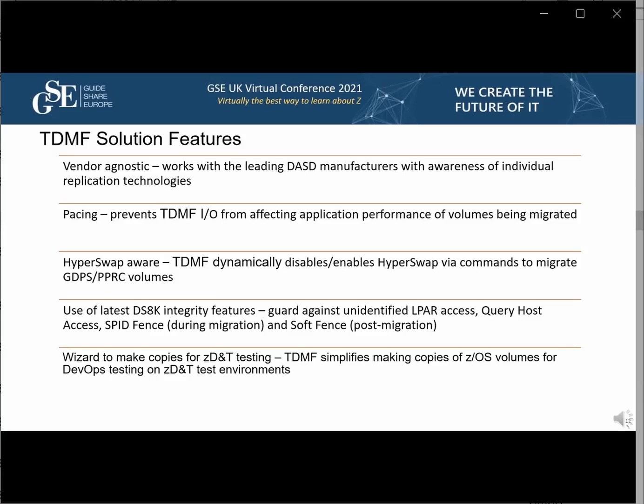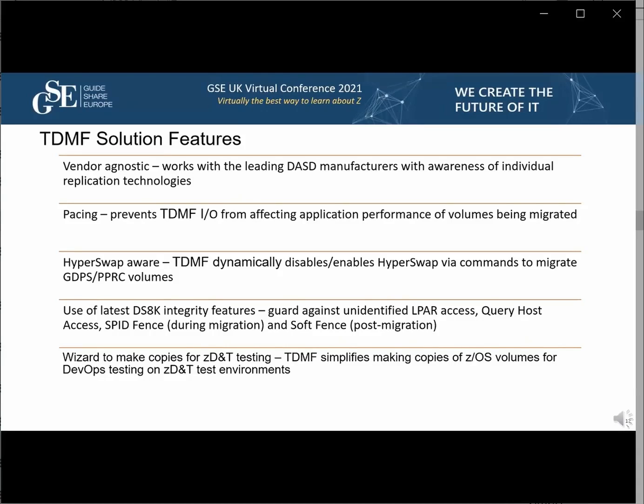We are HyperSwap aware. TDMF will dynamically disable and enable HyperSwap via commands to migrate GDPS and PPRC volumes. We use the latest DS8K integrity features, which guard against unidentified LPAR access, meaning if you have an LPAR that has access to one of the volumes you're migrating, it's going to give you a message indicating that there's no agent running on that LPAR.